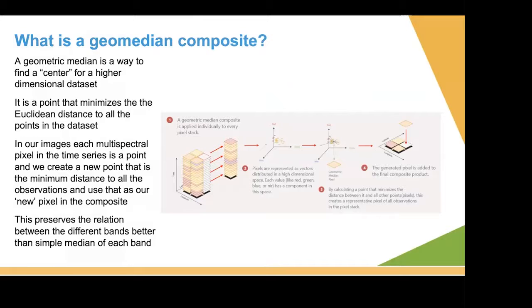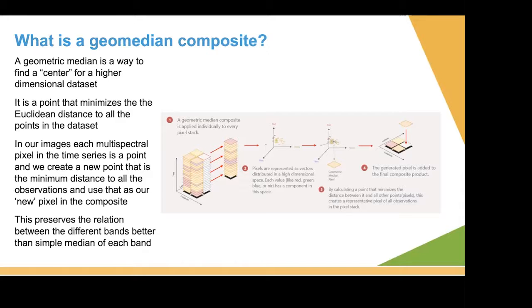We may not have an observation for this pixel for each point in the time series, right? As we're capturing our images through time, we may have to mask out some of the data because of clouds, because of snow, because maybe there was a problem with the observation, whatnot. And what we would like to do is combine all of these observations into a representative observation. And the geometric median is a way to do that.